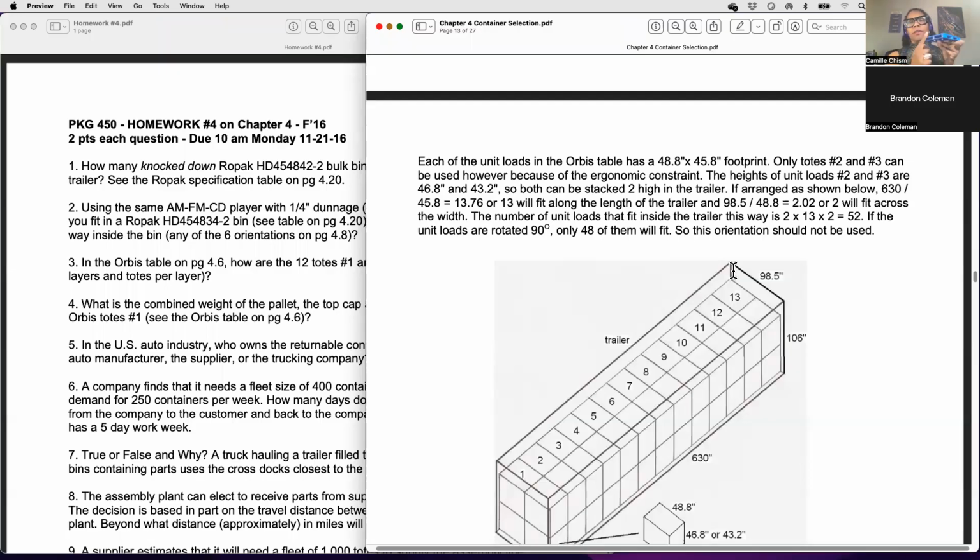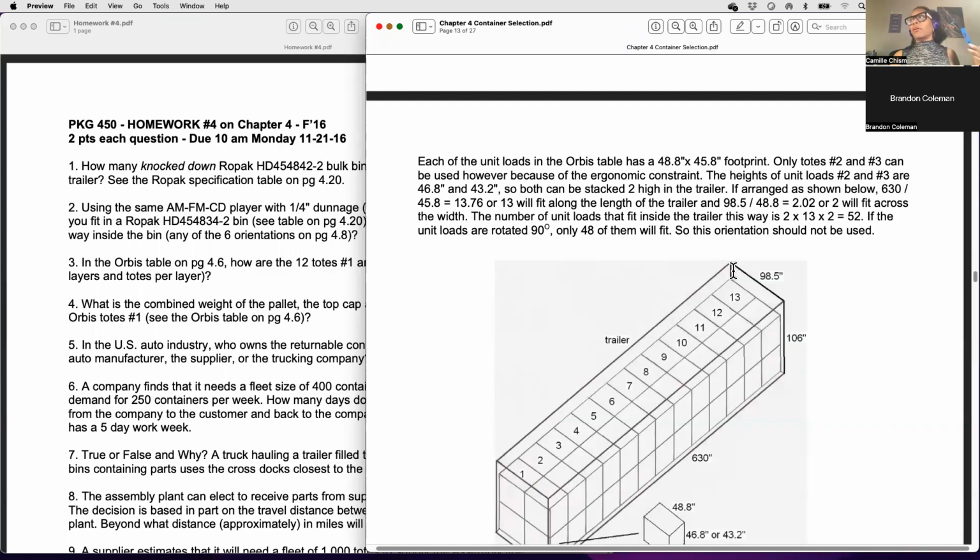And then the other side of the tote will be divisible by the 45-inch dimension. So you might see 15 or 45, anything that's going along in that one. This one you might see 12, 24, 48 for the tote dimensions on that side. And that is so that they fit on these pallets.